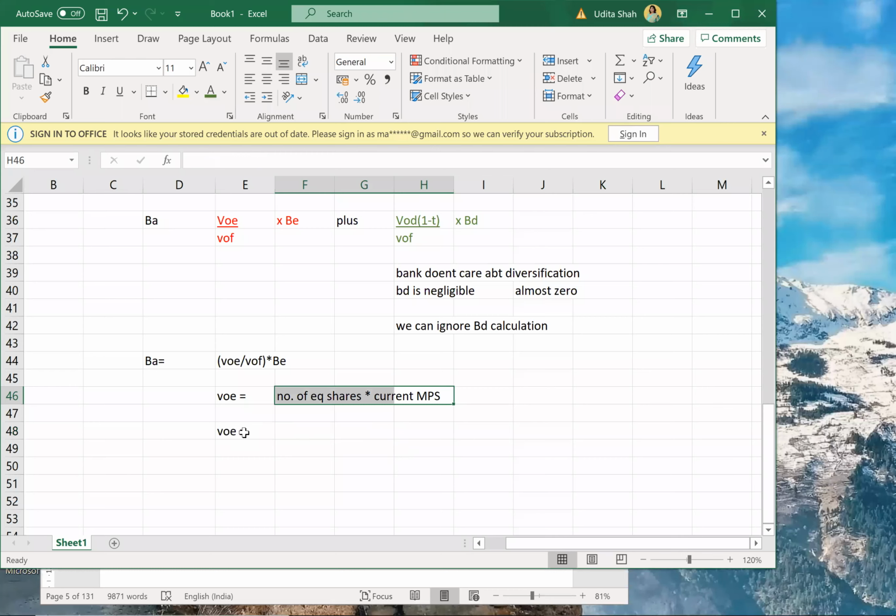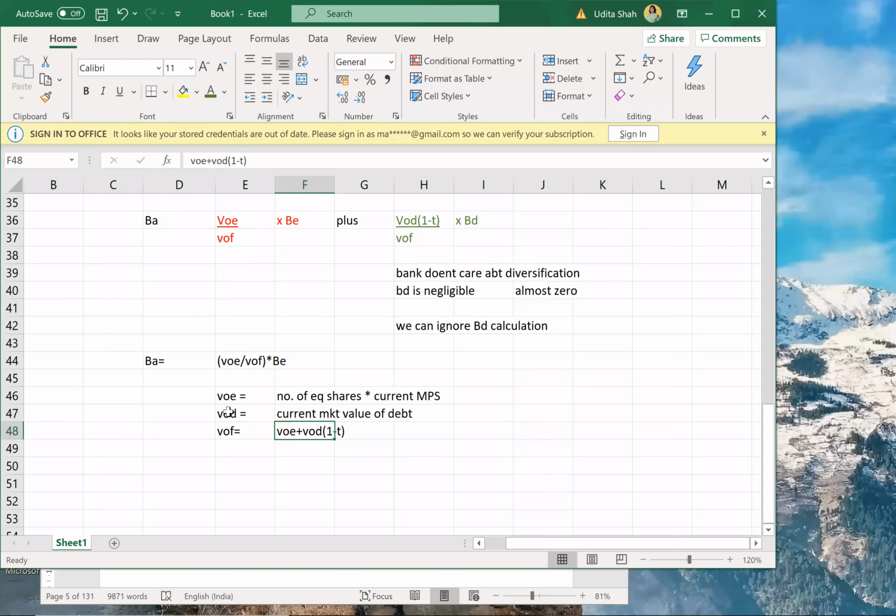Now, how do I calculate value of firm? Value of firm will be value of equity plus value of debt net of tax, because value of debt is always going to be net of tax. And how do I calculate value of debt? It is the current market value of debt.